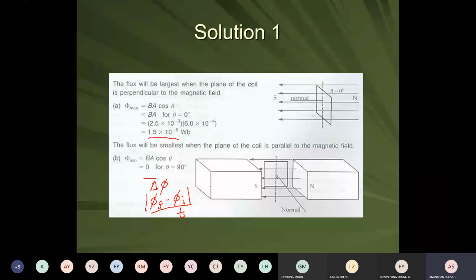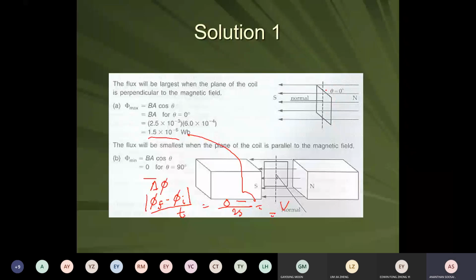So final flux 0 minus the initial flux. Initial flux is 1.5 times 10⁻⁶. You place it here, divide by, let's say this turning 90 degrees happens in 2 seconds. Then this calculation gives you the amount of voltage generated in this coil, in the conductor.